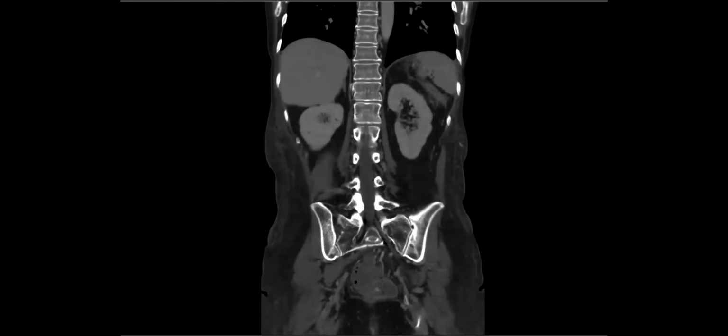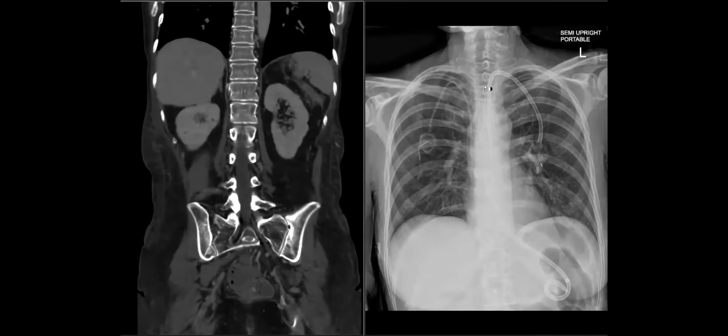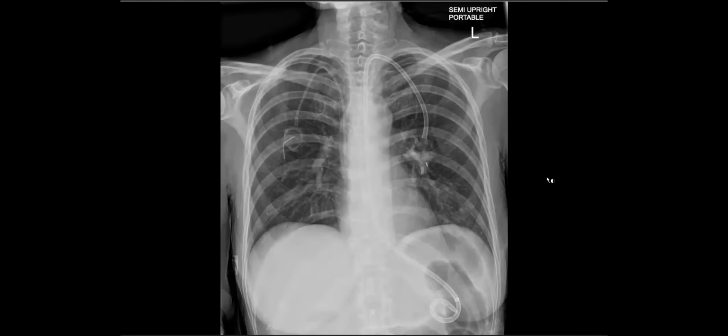Any thoughts? This was my first time seeing this, and I had no idea what it was. Your gastroenterologists do a lot of interesting procedures. Yes, they do, including this one.